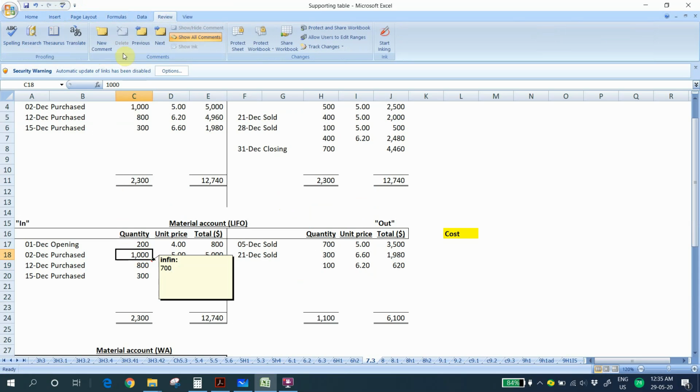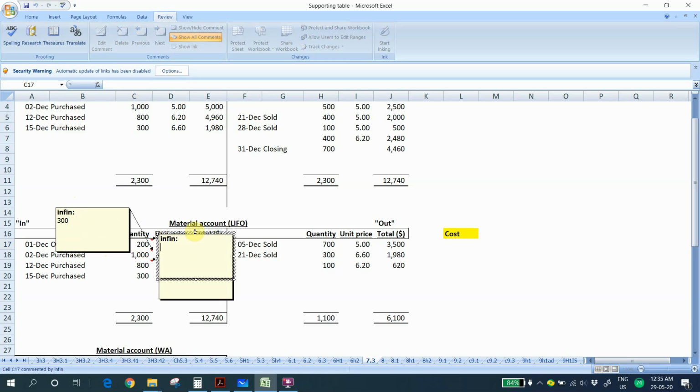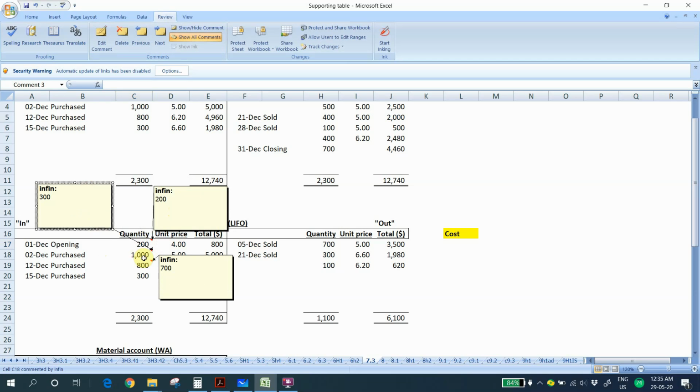For this batch, we have a remaining 300, and this batch we have a remaining 200. When you prepare this, you can use a pencil to note down the remaining balances after you utilize the stock, and the 300 is fully utilized.